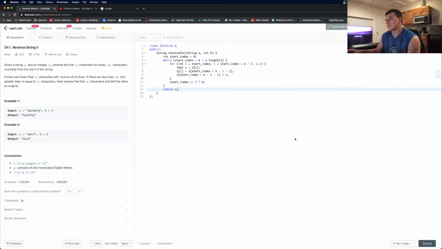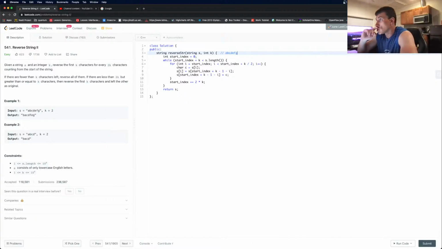Yeah, should we go and try to debug those indices? Right, let's see if we have this: A, B, C, D, E, F, G, right? So index 0, obviously. So we say while 0 less than, and k is 2, right?